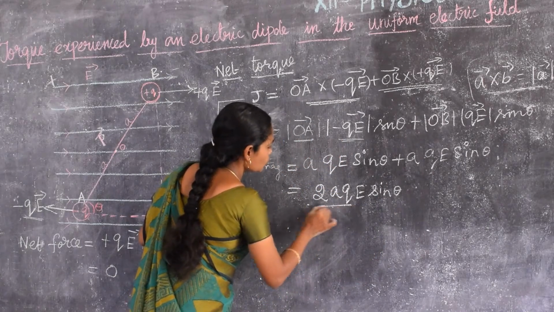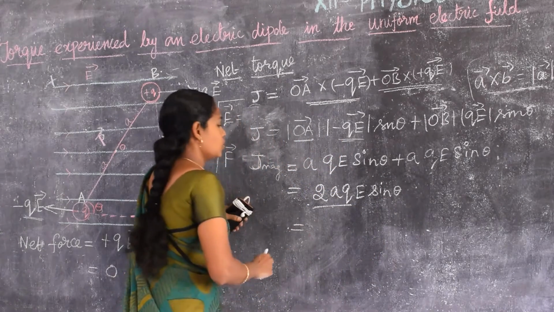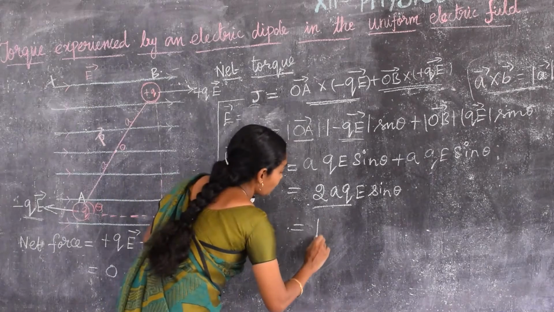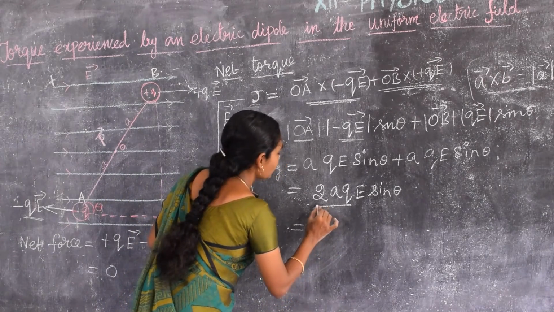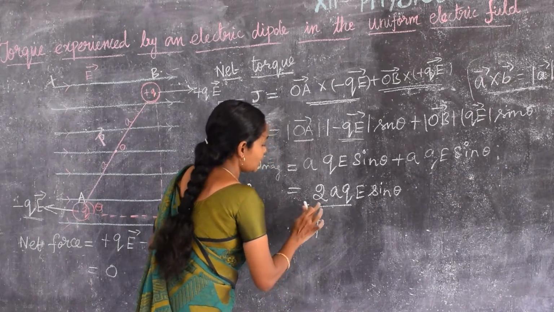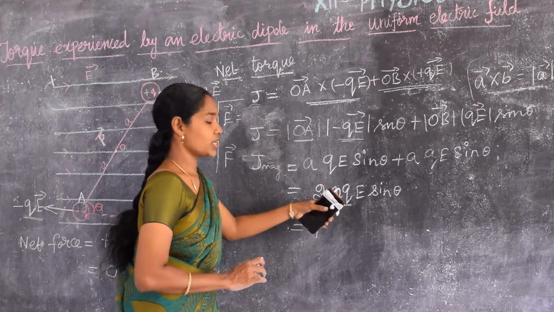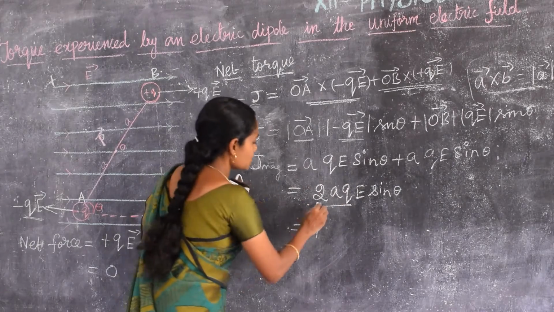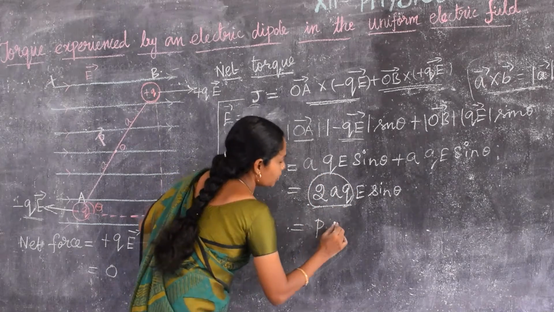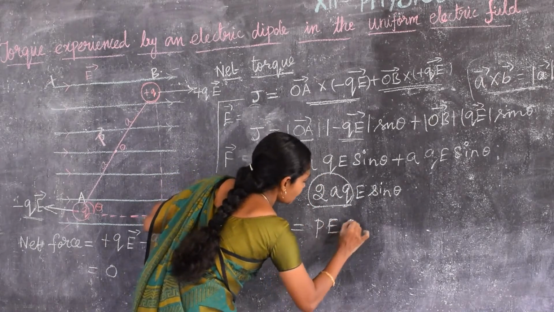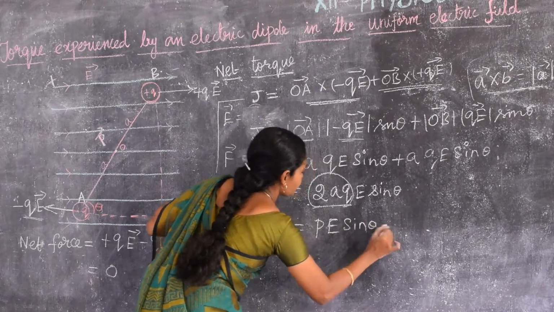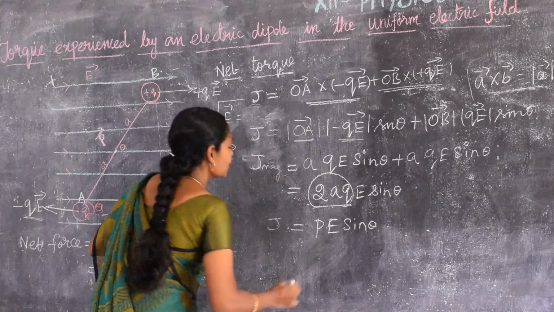We know what 2aq is equal to. It is p. The magnitude of the electric dipole moment is equal to 2aq. So instead of this, we write p, and we get pE sin theta. Tau is equal to pE sin theta.